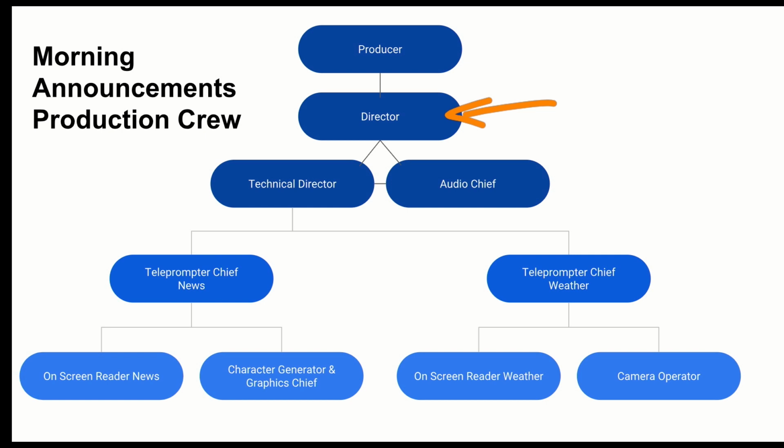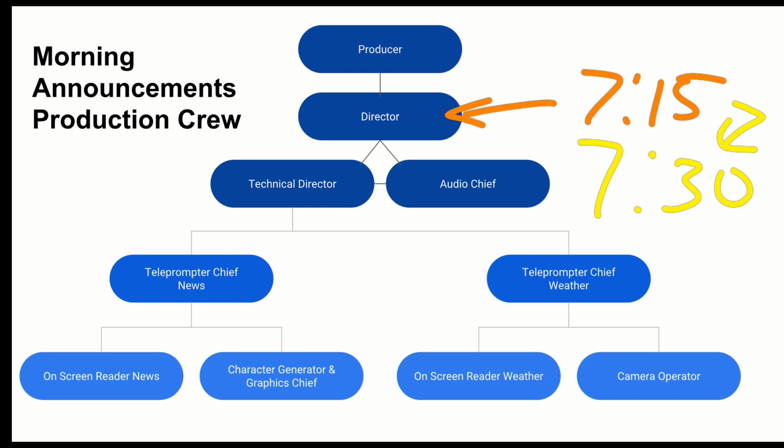So the director is the most important role in the organization, and the director must arrive early. So they have a time set up where the director comes in at 7:15, okay, 15 minutes earlier before everyone else who comes at 7:30. So he's got 15 minutes to prep, think about the show for the day, get everything in order. And this role is responsible for checking in with every department head.